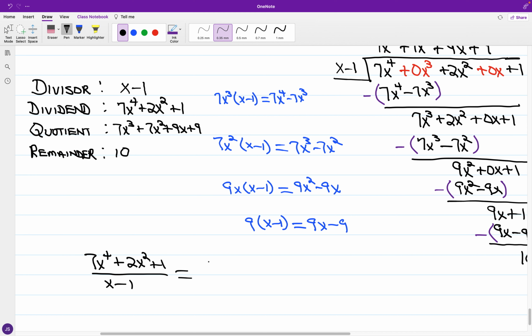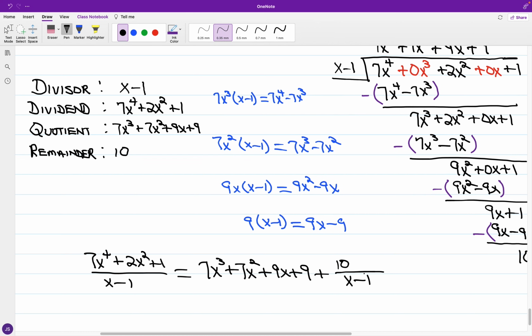And just providing the expanded notation, we got the quotient 7x cubed plus 7x squared plus 9x plus 9, and then with the remainder, we have plus 10 all over x minus 1.